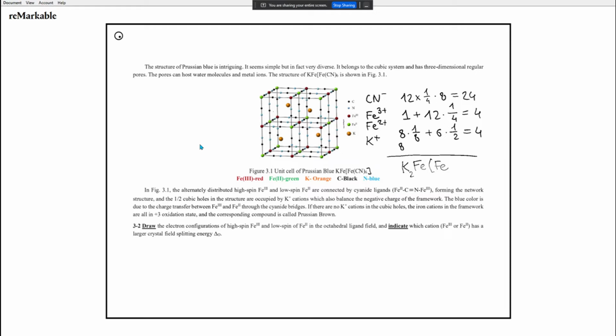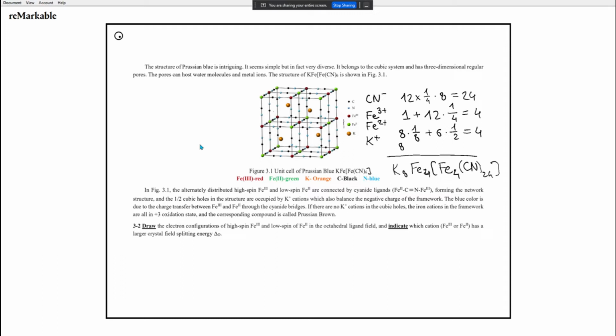Oh, yeah, we can just write the numbers that we've got. K8, then Fe2, Fe4, CN. Wait, what am I doing? I don't need to divide, so it's just 4, and I put here 24.